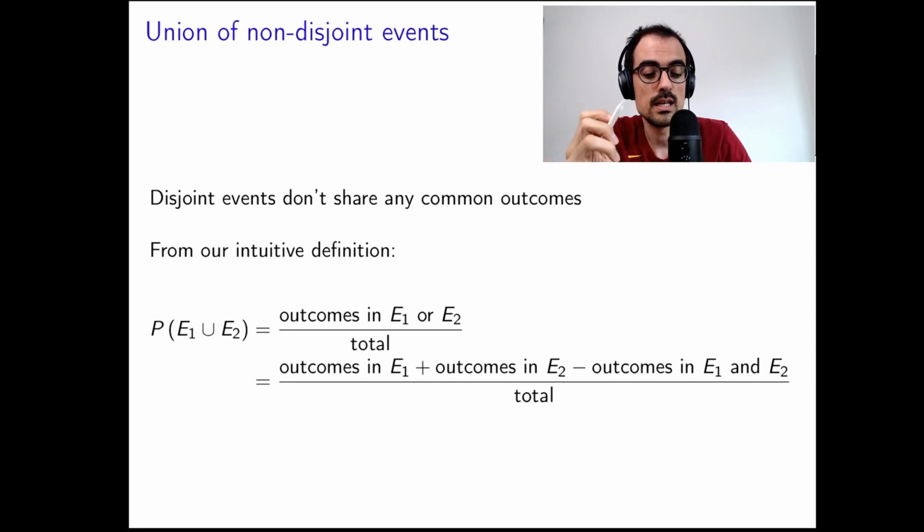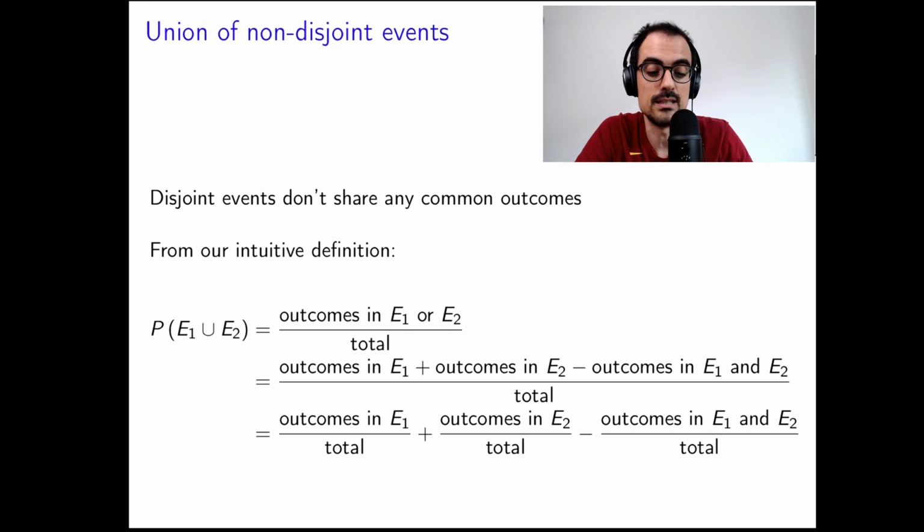Now, the number of outcomes that are in E1 or E2 is equal to the outcomes in E1 plus the outcomes in E2, but we're double counting, right? Because if there are outcomes that are in both E1 and E2, we're counting them here and we're counting them there. So in order to not double count, we have to subtract the ones that are in both E1 and E2. Now, again, we can split this into these three fractions, and the fraction of outcomes that are in E1 is the probability of E1 by our intuitive definition.